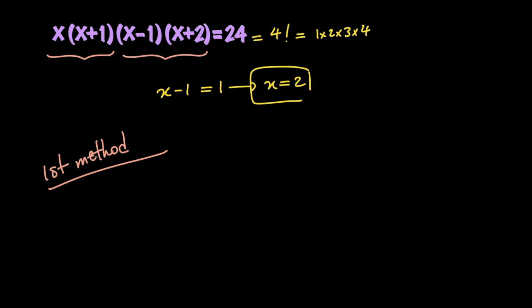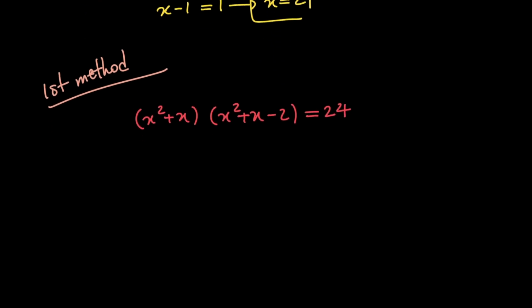So if I do that, we're going to get (x squared plus x) times (x squared plus x minus 2) equals 24. Now, if you look at this, you can see that x squared plus x is repeating. Therefore, we can use the substitution method and replace this with something like y. So in this case, we're going to have y times (y minus 2) equals 24.